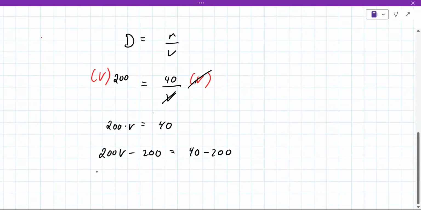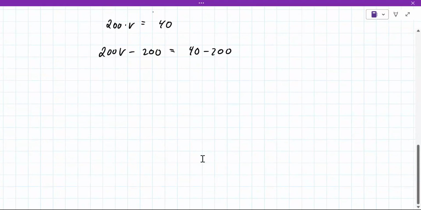Is that what you think will work? Yeah. Okay. What is 40 minus 200? Negative 160. Okay. So you got 200 V minus 200 on the left.